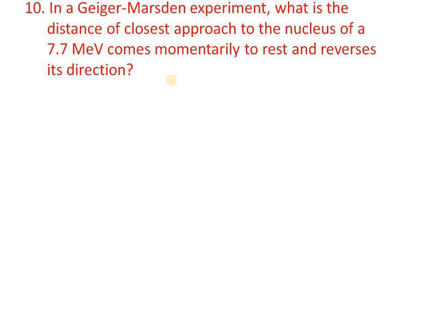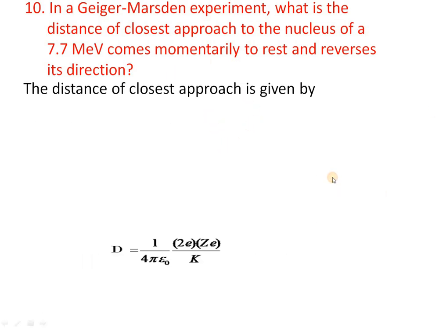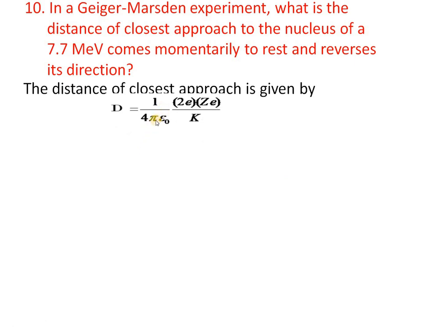At that time, when it comes to rest, the distance between the center of the alpha particle and the center of the nucleus, we call the distance of closest approach. That is given by the formula D equal to 1 by 4 pi epsilon naught into 2e into Ze divided by K. This is the formula to calculate the distance of closest approach.